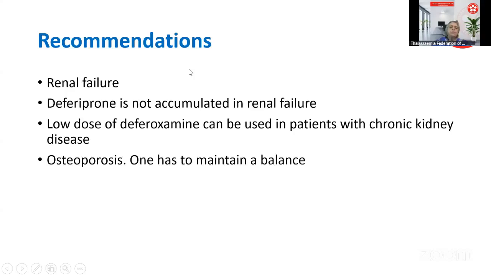But if my patient has severe backache, leg pains, difficulties sitting up on an Indian toilet, or not being able to climb stairs, and the DEXA is really bad, then I have to compromise on lowering the iron in that patient.